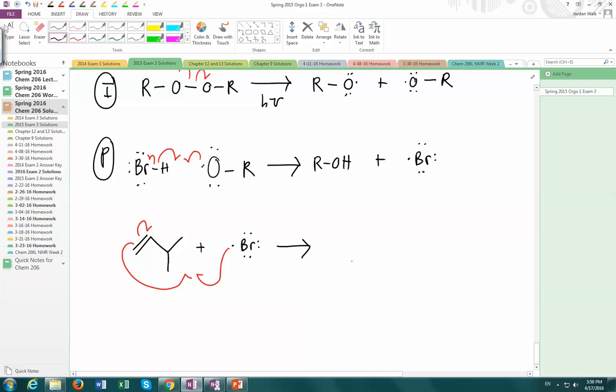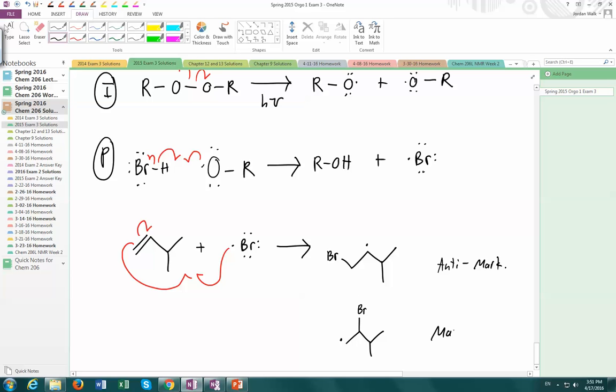And ultimately, let's see what we have at this point. We're going to end up with this radical right here. And the alternative, so this would be our anti-Markovnikov product. Our Markovnikov product that we've seen in our electrophilic addition would look like this.